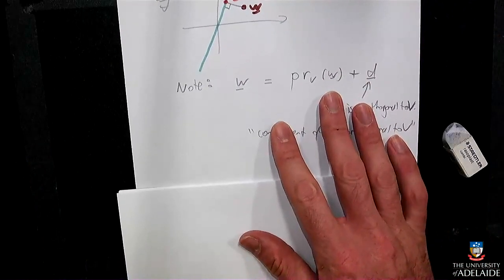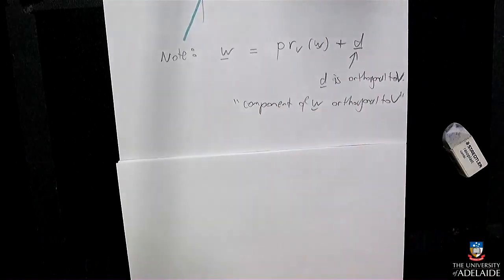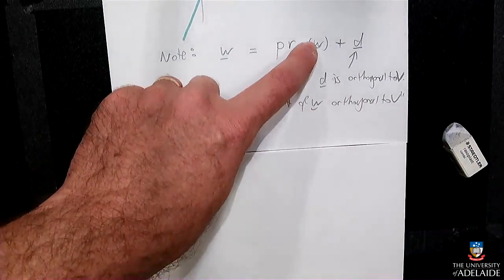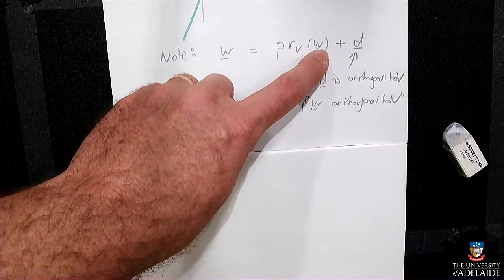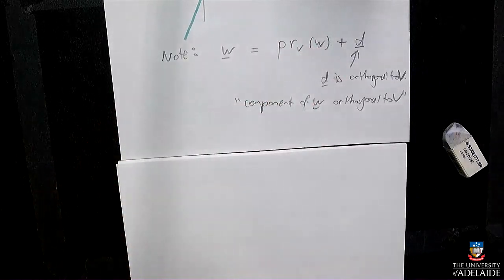So what we can do is we've written it as if it was the name of a function. See, we've got PRV function of W. It's actually written as a function that's acting upon the vector W and producing an answer, and that's the way we're thinking of it.